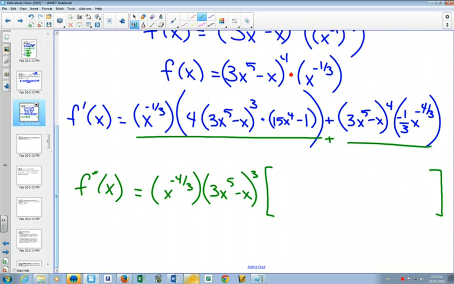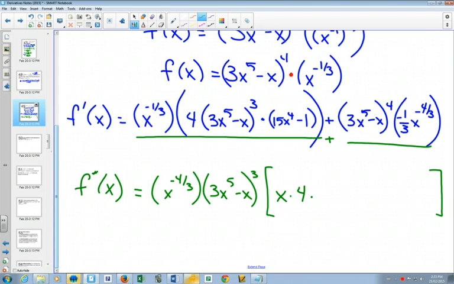Well, if I took an x to the negative 4/3 times by what would give me x to the negative 1/3? That would just be an x to the 3/3, which is just an x to the 1. I would still have this 4 here. I'm not going to write anything in a nice order. I'm just going to work one from left to right now.